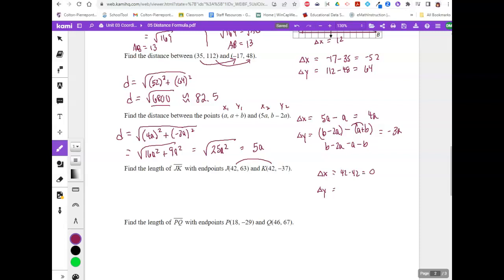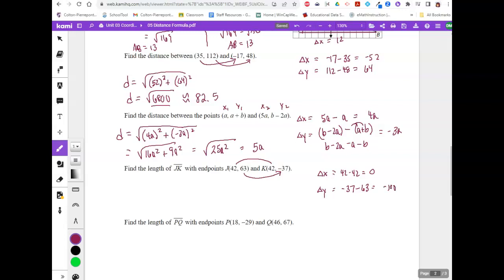Now the change in y, we're going from 63 to negative 37. We are decreasing, so it's going to be negative 37 minus 63, which is negative 100.